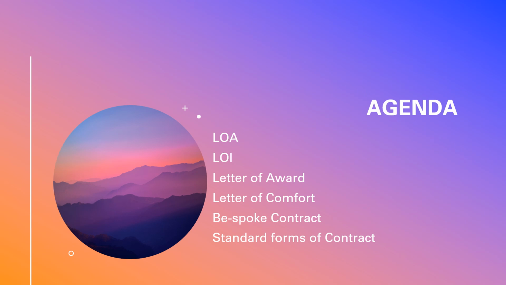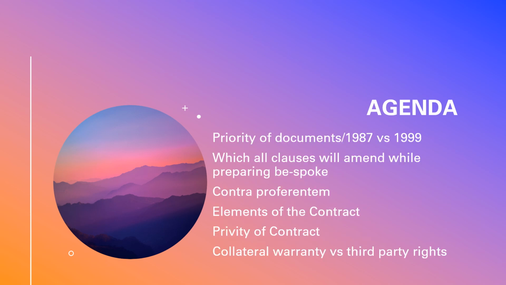Okay, I hope LOA, LOI, letter of award, letter of comfort, bespoke and standard is clear to you. Moving forward, guys, let me tell you, these are all part of contract practice for the RICS interview. You can call it level 1, level 2, because I'm explaining the concepts also, so you will be able to answer questions based on level 2 as well.